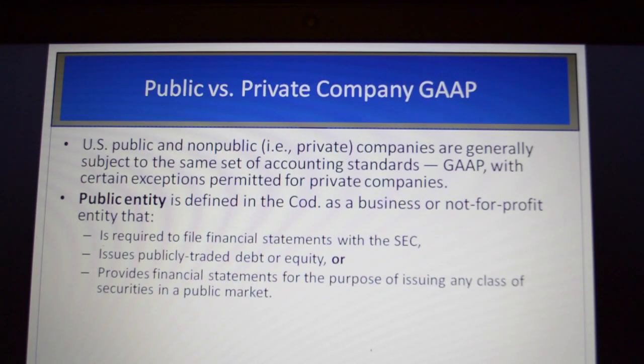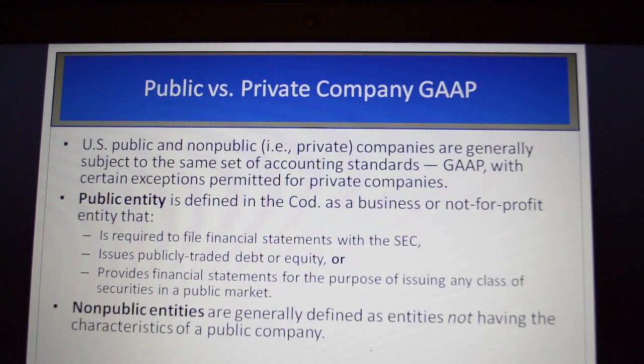Public company or public entity is defined in the codification as a business or not-for-profit entity that is required to file financial statements with the SEC, issues publicly traded debt or equity, or provides financial statements for the purpose of issuing any class of securities in the public market. Non-public entities are generally defined as entities not having the characteristics of public companies.